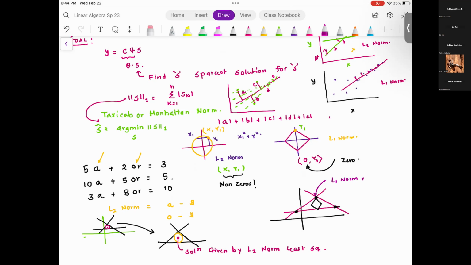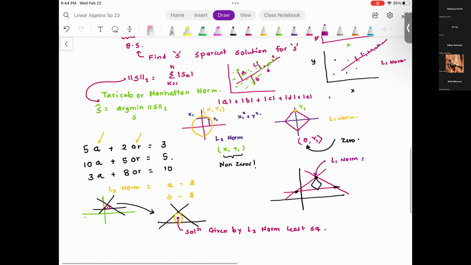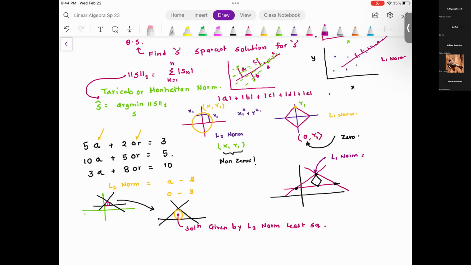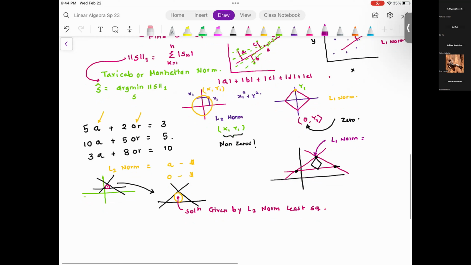Now, in theory, it makes perfect sense. But the question is, how do we do this in actual practice? To do this, we have to actually use something called convex optimization techniques, to perform this L1 minimization.